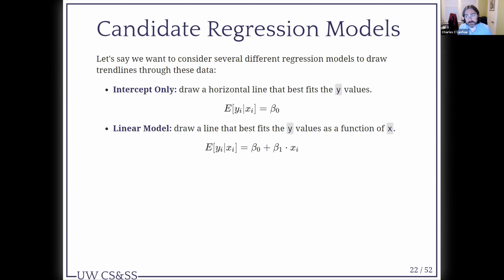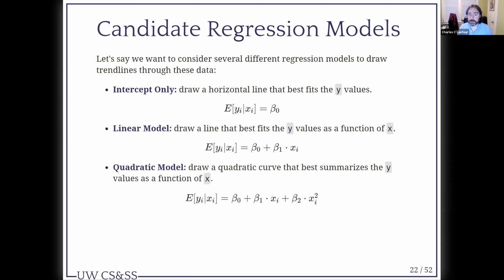Then we're going to complicate this. We're going to run a quadratic model. This says draw a quadratic curve. So y given x is b0 plus some sort of straight sloping line plus some quadratic function of x, which is going to make a parabolic line. It's either going to bend upward or bend downward and come back.